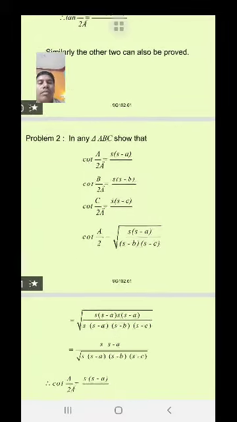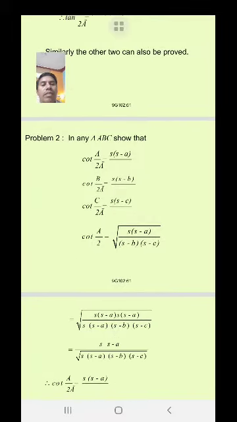Next problem. In any triangle ABC, show that cos A by 2 equals s into s minus a by area of a triangle. And here we have to denote the area of the triangle by delta. So here a bar is given, but for our convenience, delta we can express for area of the triangle.